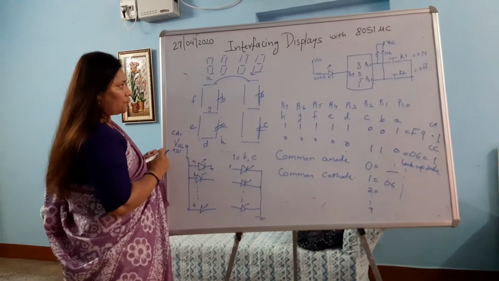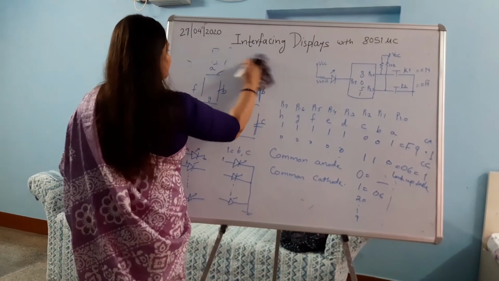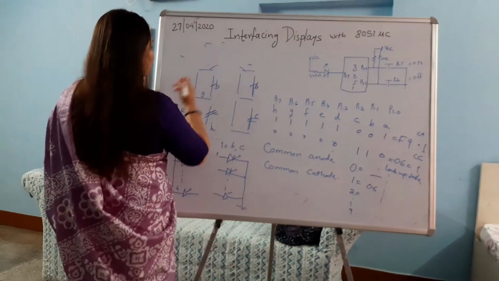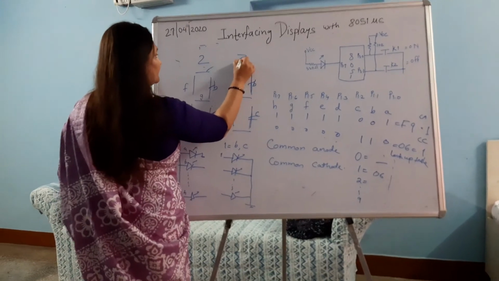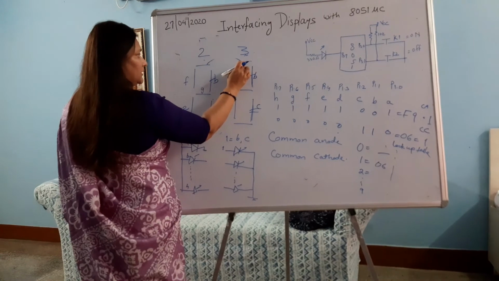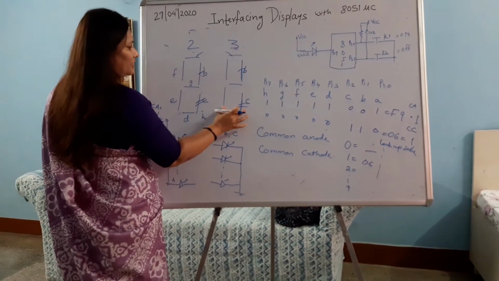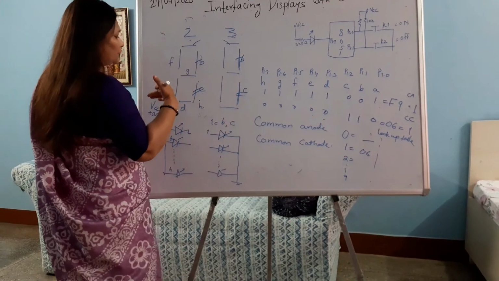Now, suppose if you want to display 23, then because you have connected A and A together, whatever you will display on this, the same will be available on this. So now what is our job?